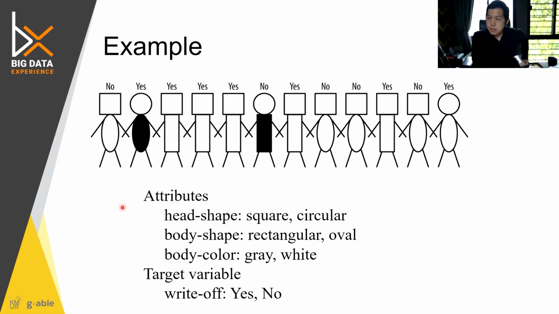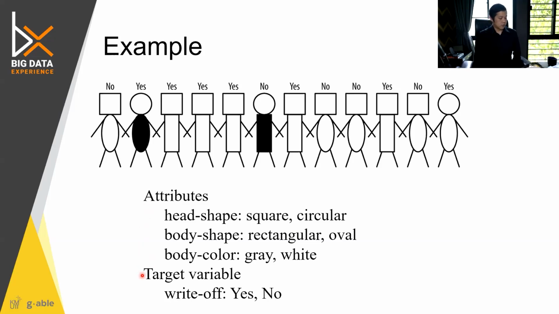Okay, starting from this one, we have a data set that looks like this. Can you tell me which one gives the best information? In order to determine that, what you need to do is determine the information gain of each of these attributes.